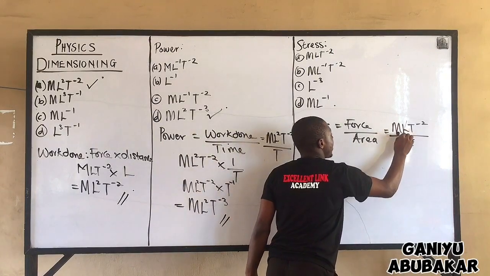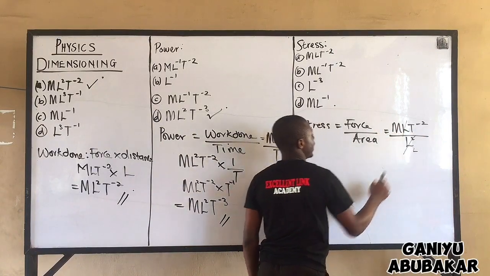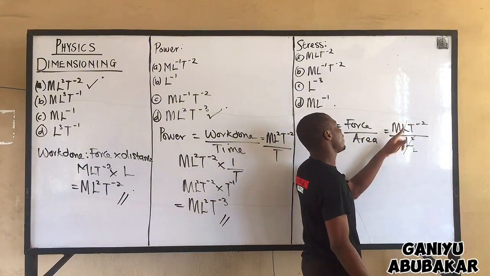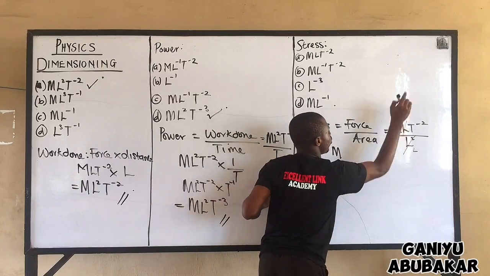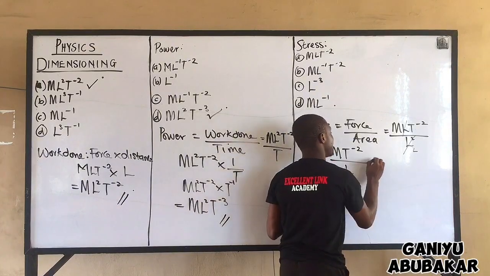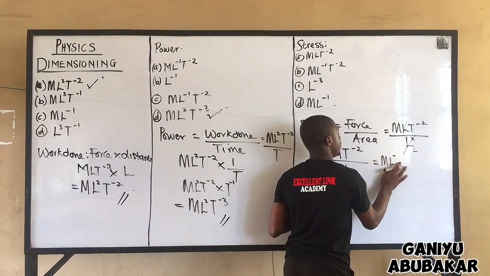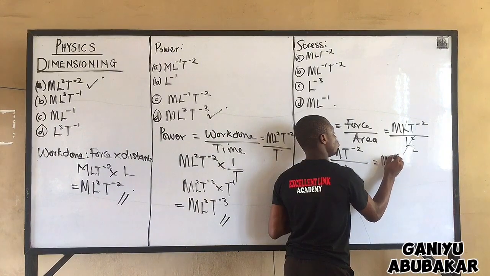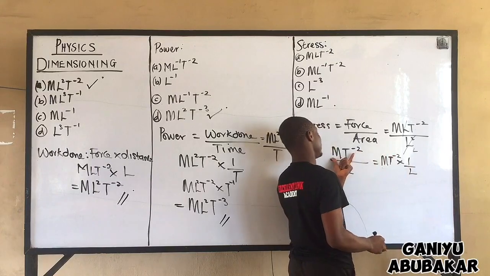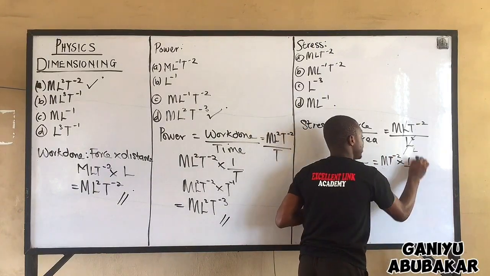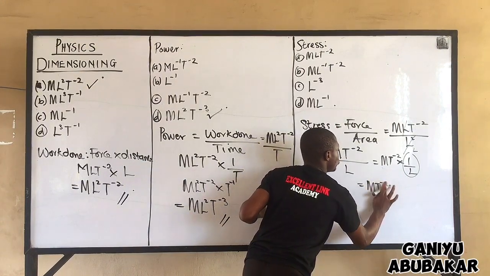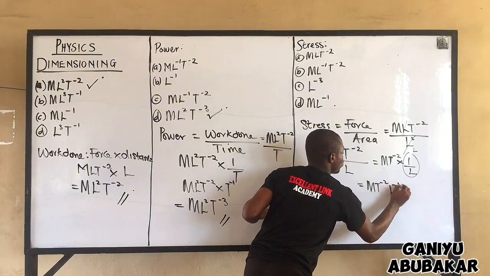From here, one L can cancel one of the Ls, leaving one L. So I have MT to the power minus 2 over L. Shift out this L: MT to the power minus 2 times 1 over L. Write this in indices: MT to the power minus 2, next L to the power minus 1.